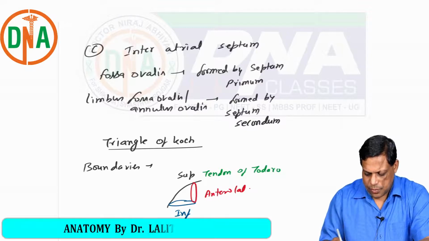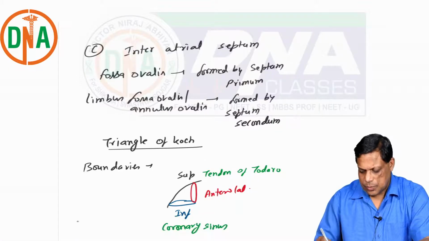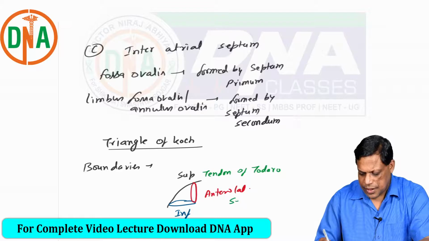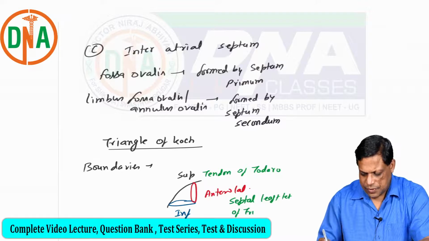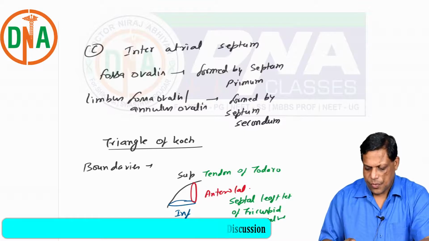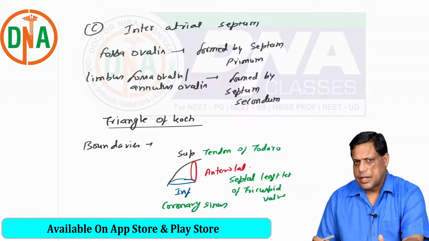Inferiorly it is bounded by the coronary sinus. Anterolaterally it is bounded by the septal leaflet of the tricuspid valve.